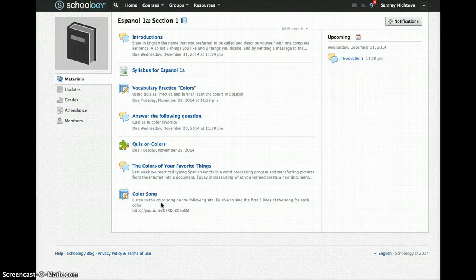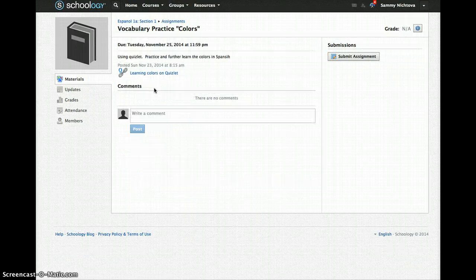So if our unit is on colors, after the students have been introduced to colors during a face-to-face presentation and interacted with their peers to learn them in a variety of ways, students either during class or afterwards for review can click here, for example, on Quizlet.